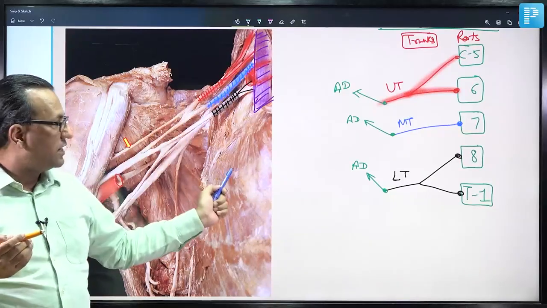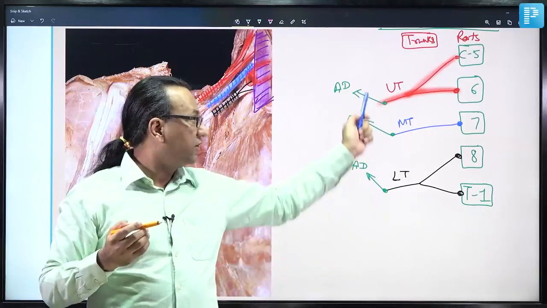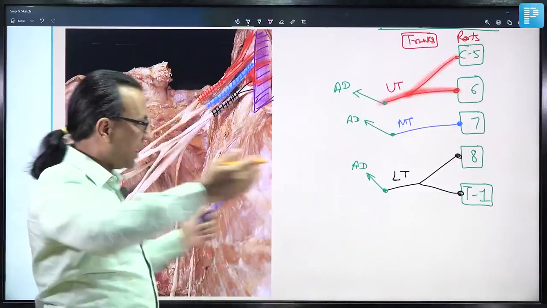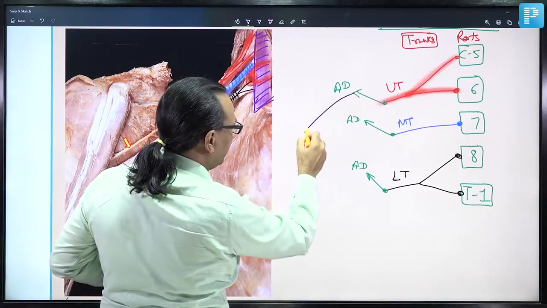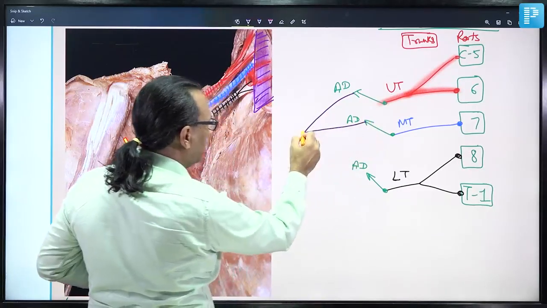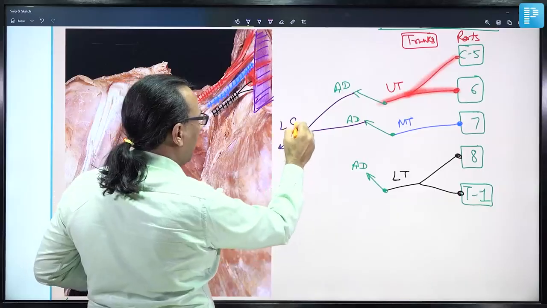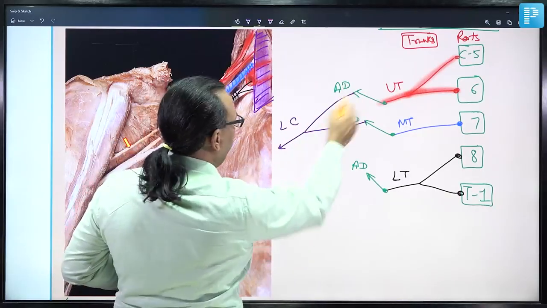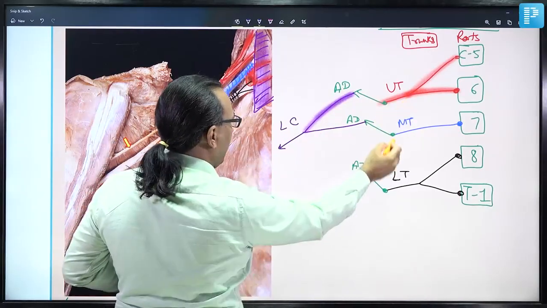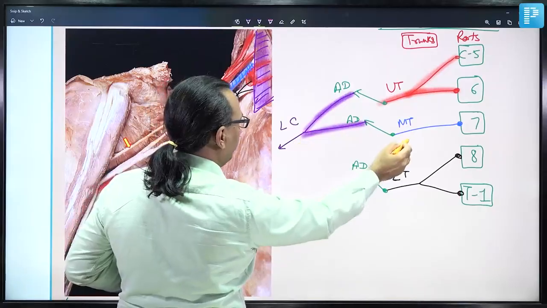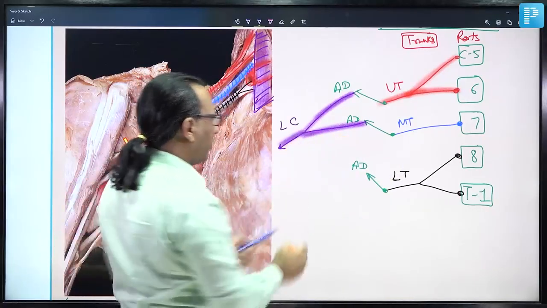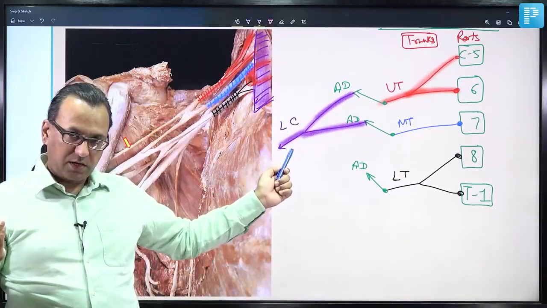So, can we mark the anterior division of the three trunks here? Yes, let's do that. In fact, the anterior division of the upper trunk and middle trunk will be forming the lateral cord of the brachial plexus. Show it in the diagram.